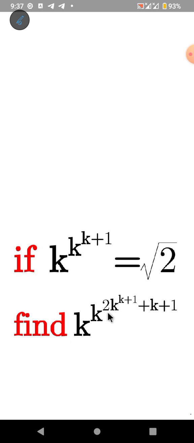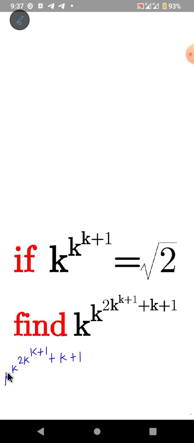My first step now will be to write out this expression here. So now I will say k raised to the power of k raised to the power of 2k raised to the power of k plus 1, then plus k plus 1, plus k plus 1.